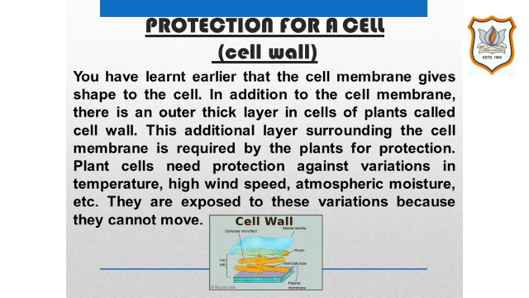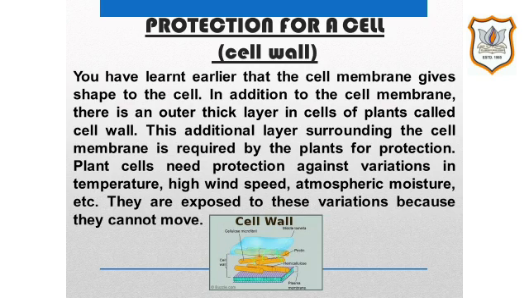So students, another structure present in the cell is called cell wall, which gives protection to a cell. You have learned earlier that the cell membrane gives shape to the cell. In addition to the cell membrane, there is an outer thick layer in plant cells called cell wall.